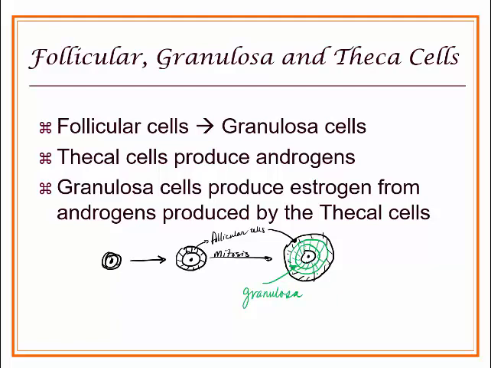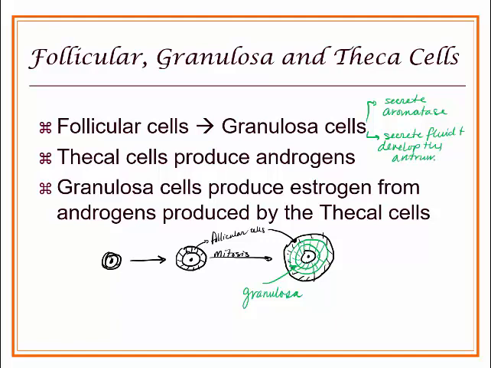Now, the granulosa cells are going to do two things. The granulosa are going to secrete an enzyme called aromatase. They will also secrete fluid and develop the antrum.